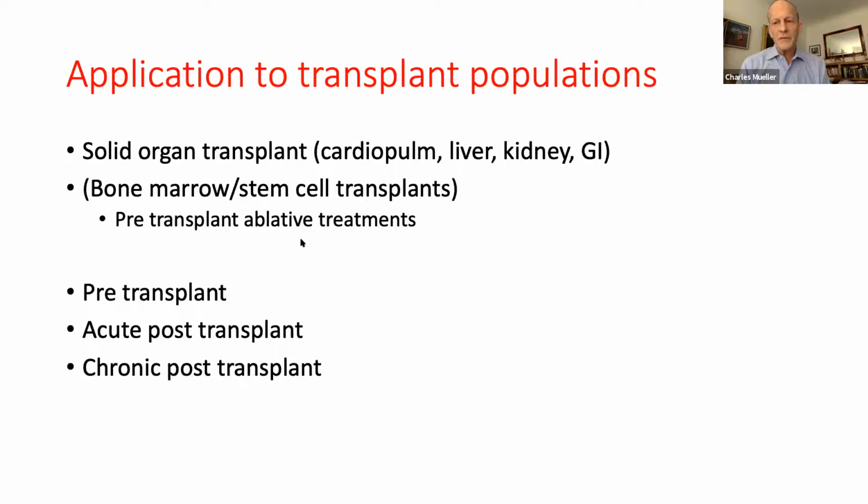The ablative, you can fry your gastrointestinal tract so much that you have to go on parenteral nutrition. Well, I think we're talking mostly about solid organ transplant in this group: cardiopulmonary, liver, kidney, GI. And I would sort of isolate into pre-transplant, post-acute, and chronic.